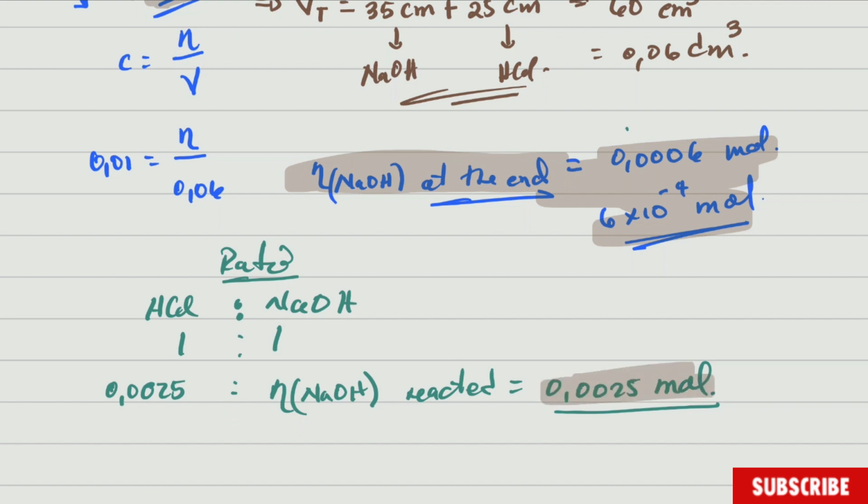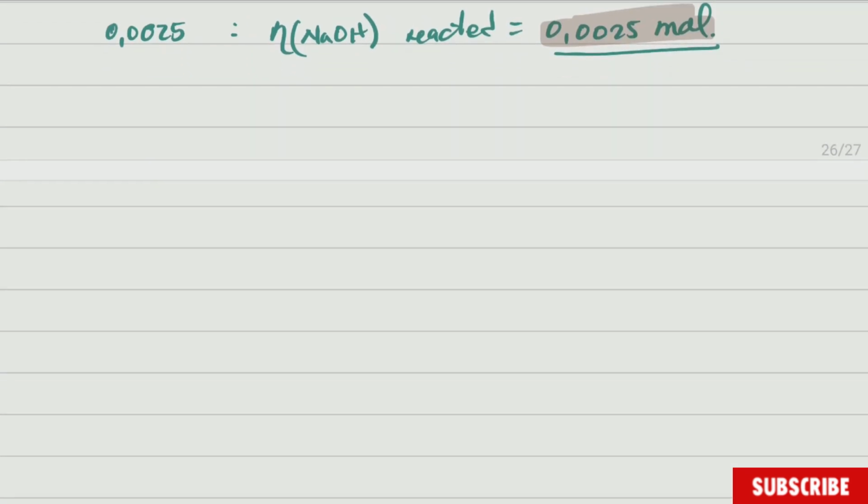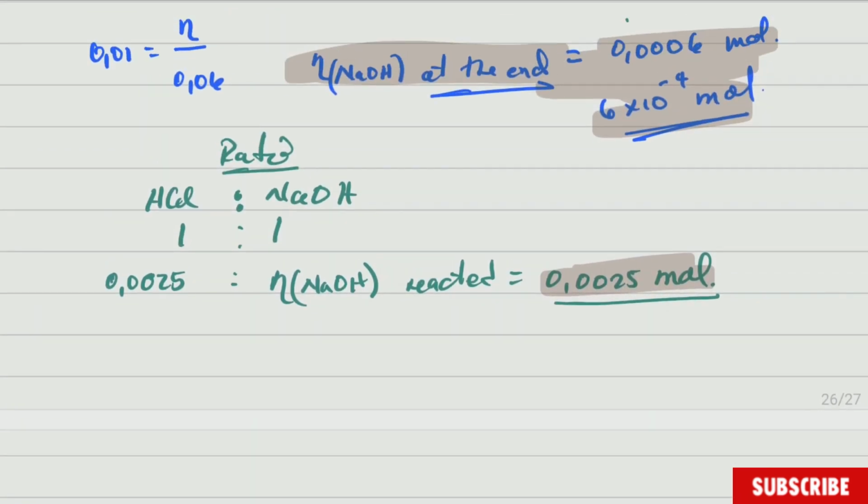So what is the total number of mole? When we say total number of mole, we're referring to the one that is reacted plus the one that is in excess, the total number of mole of sodium hydroxide during this reaction. So the total number of mole will be the addition of 6 times 10 to the minus 4 plus 0.0025 mole, and this one will be equal to 0.0031.